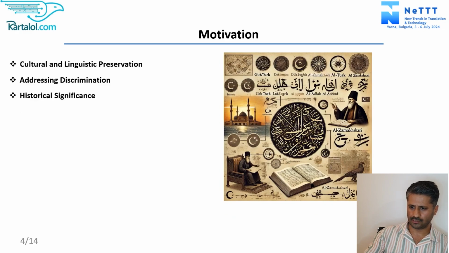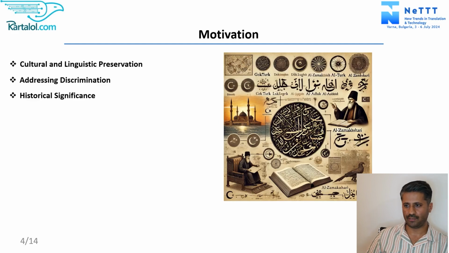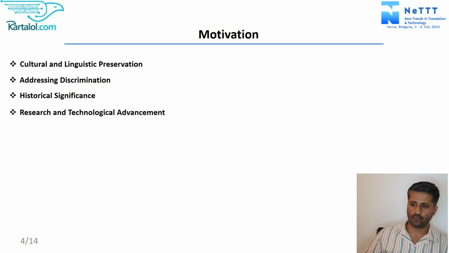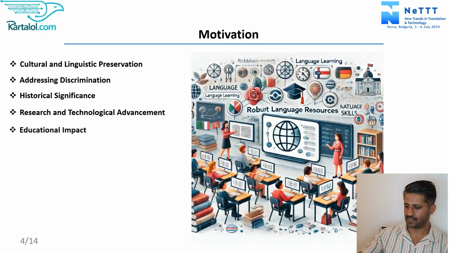So beyond this specific motivation, there is a broader imperative for research and technological advancement. Finally, the educational impact is significant. Robust language resources improve language learning and educational outcomes.